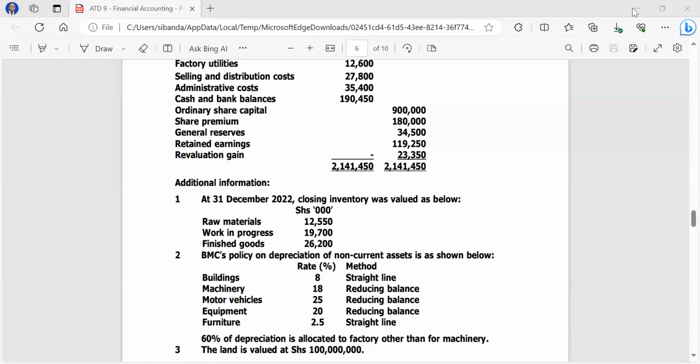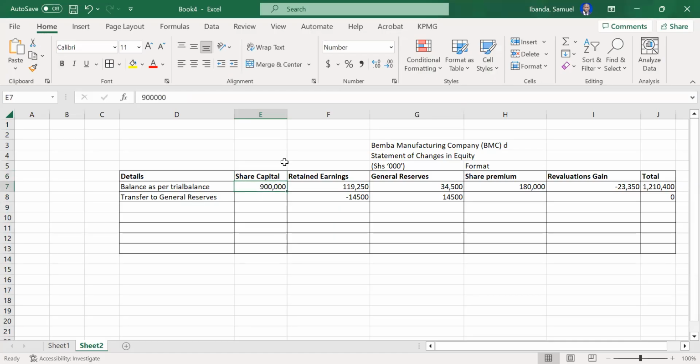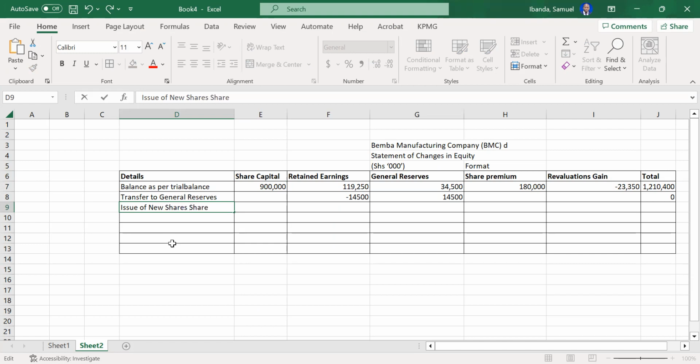So we are here. We had share capital of this, and now we want to look at issue of share capital of new shares. So you can say issue of new shares. That is what we are saying.